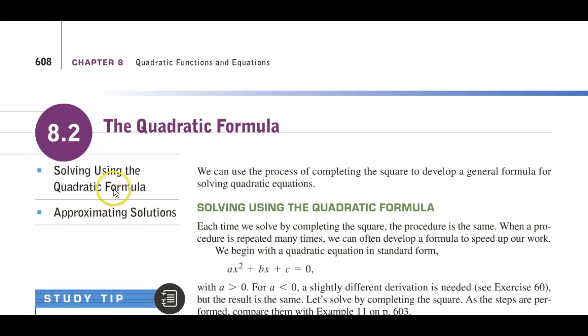All right, as we continue with Chapter 8, going on to Topic 2, the quadratic formula, we start to wonder, well, with factoring and with completing the square, the principle of square roots, isn't that going to be enough tools to solve our quadratic equations?